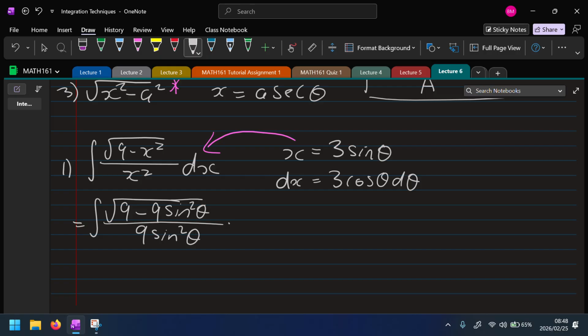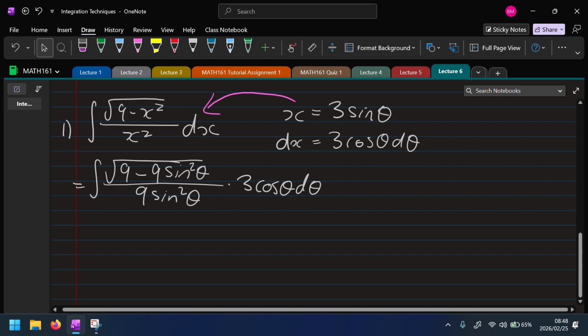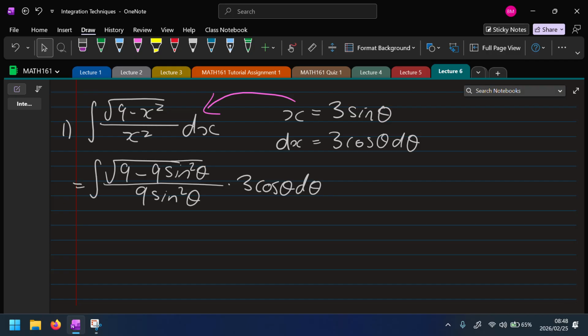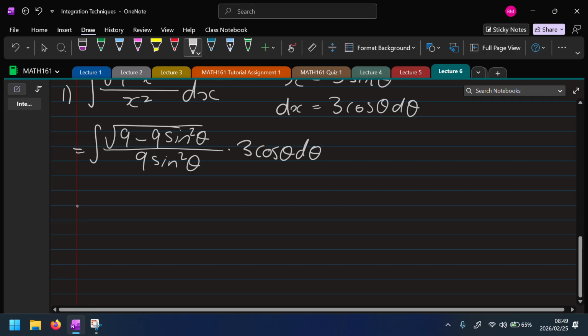And then dx is going to be 3 cos theta d theta. Okay, everyone clear on the substitution? All good. Now we can simplify, and then we get a trig integral.